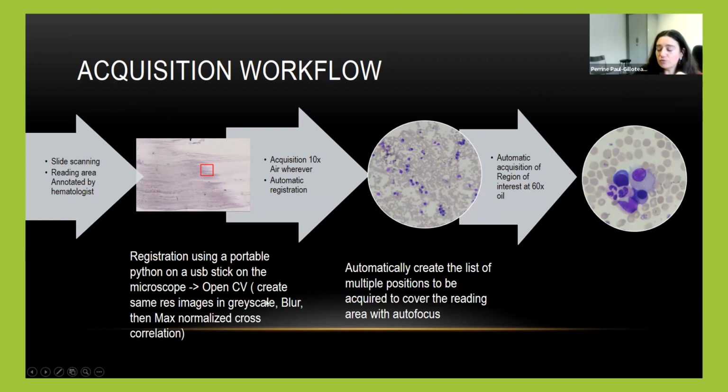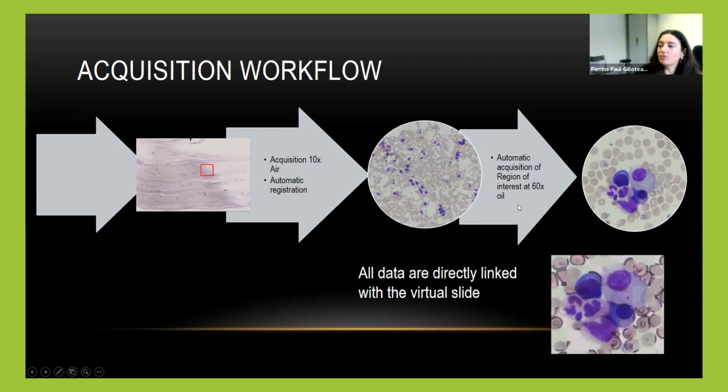So we just use classical intensity-based registration to find the area automatically. And then the microscope is driven directly. It's a script that does all the work, and it will acquire exactly the reading area, even if the area was elsewhere at the beginning. And the good thing is that it's directly registered.